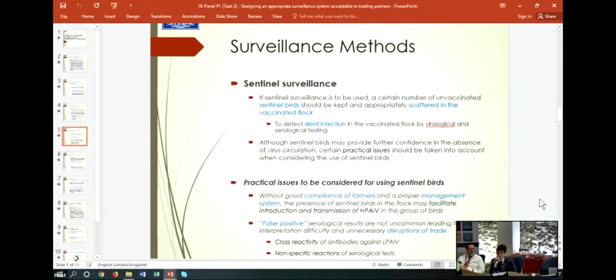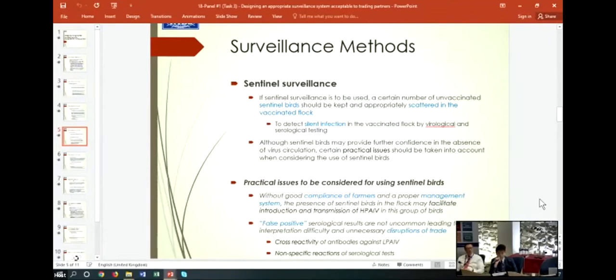In Hong Kong, we have been using sentinel birds over the past 20 years. On multiple occasions every year, some sentinel birds tested positive on serology, leading to a thorough investigation of the flocks with temporary suspension of trade, because we will do follow-up sampling of the suspected flock to do PCR to confirm whether there is actual infection.